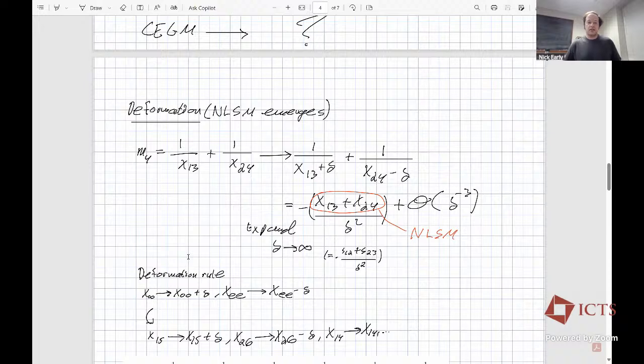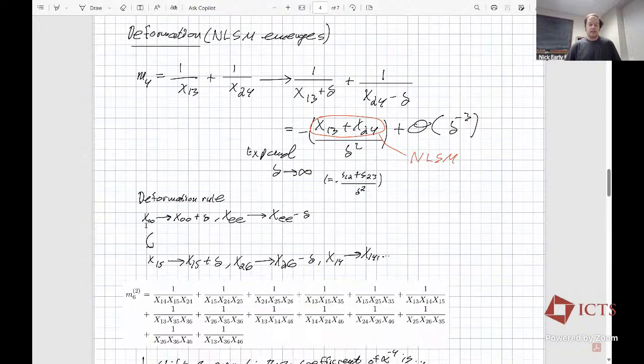Quick review: here's how the NLSM emerges. You take the 2n-point trace phi cubed amplitude, and you deform the X odd-odd with a plus delta and the X even-even with a minus delta. Then you expand in delta going to infinity, and a bunch of lower terms cancel. Here, the first non-vanishing term is that of delta to the minus 2.